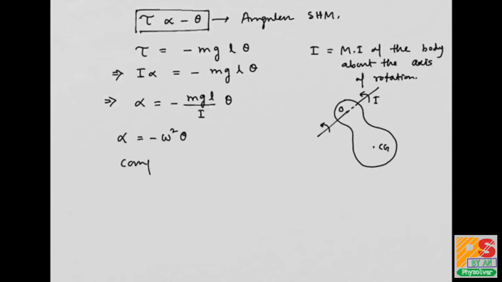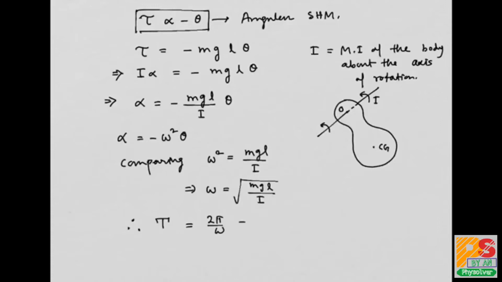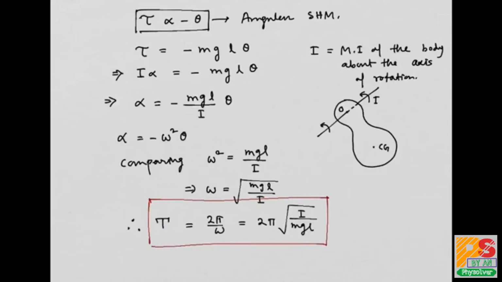So comparing, we can write omega square equals mgL divided by I. So omega equals root over mgL divided by I. Therefore time period of oscillation is 2 pi by omega, so 2 pi root over I by mgL, right? So this is the general formula of time period: T equals 2 pi root over I by mgL.